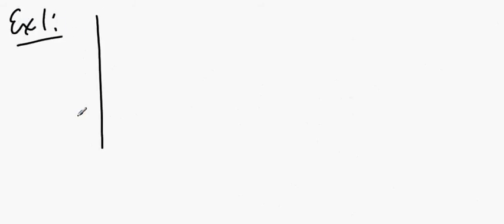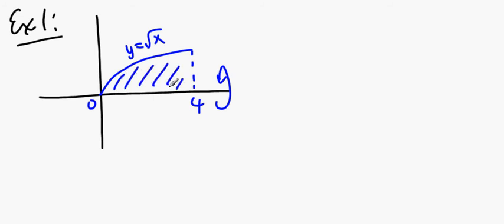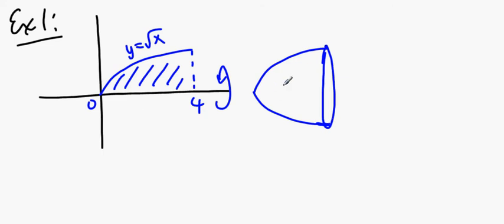Like this one. Let's take the square root curve on the interval from 0 to 4, and spin that 360 degrees about the x-axis. If we spin this region 360 degrees about the x-axis, you end up with something that looks like a bullet. I want to know the volume of the bullet.